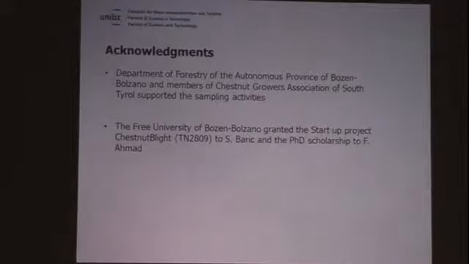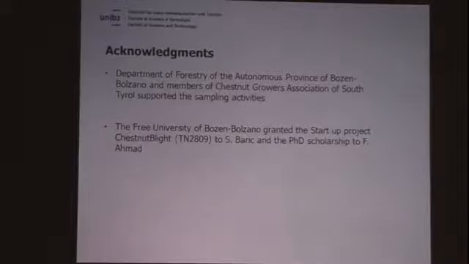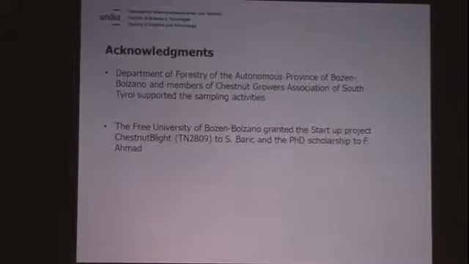It only exists in Europe, then? No, it exists in America also. It was used a lot in America to control this disease, but there it did not work because in America there were a lot of vegetative compatibility types. In a region there were 40 or 50 compatibility types.